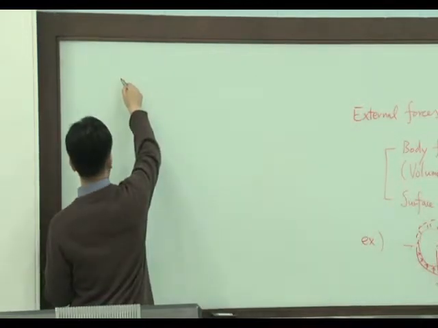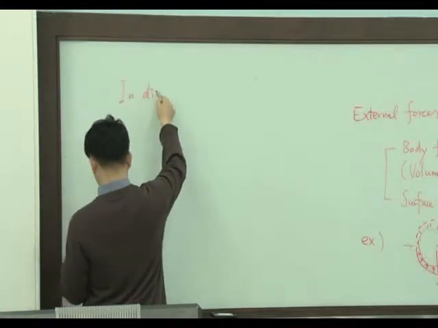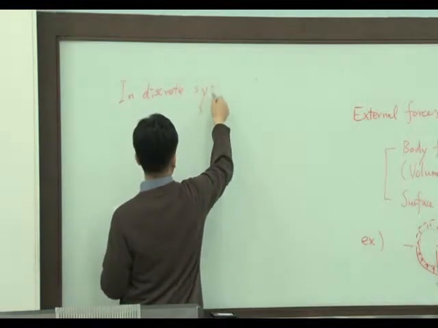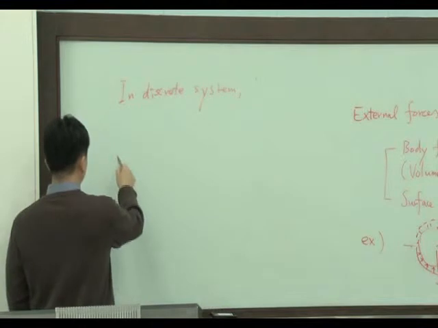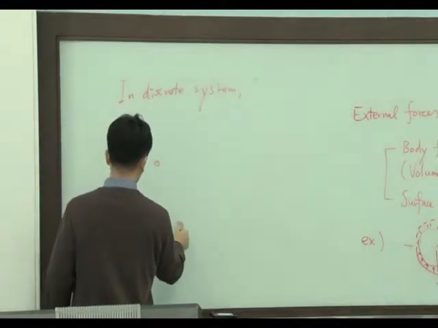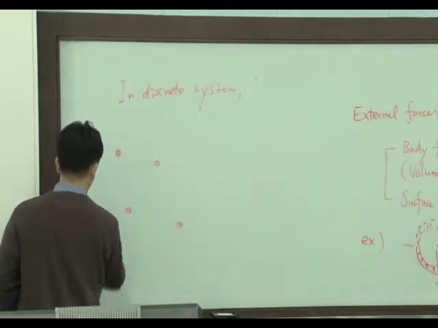Let's consider a discrete system. Discrete system means we have many particles, each with a mass. Something like that.